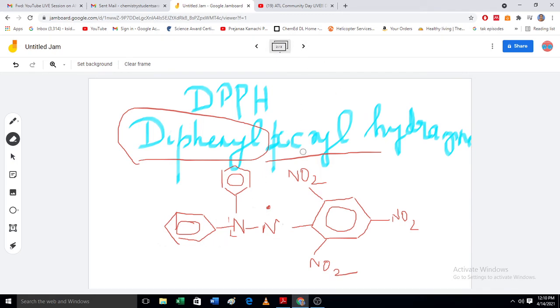Now this radical has one electron, and it will go through the whole of the system. Especially we have to consider these two nitrogens.